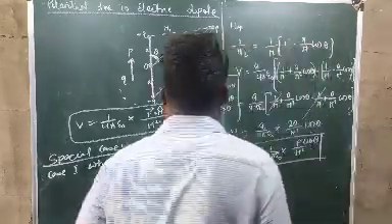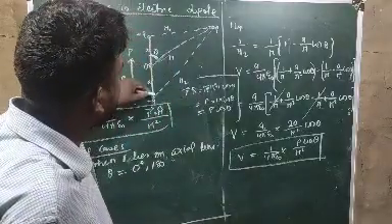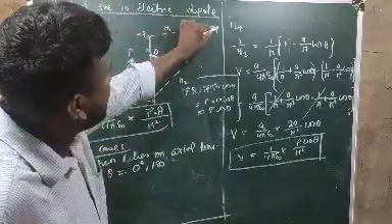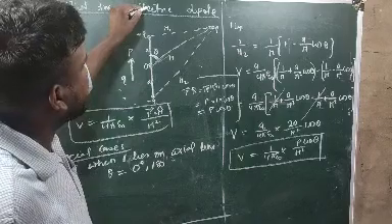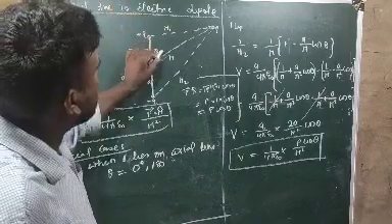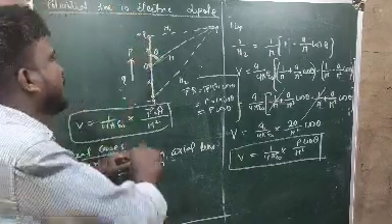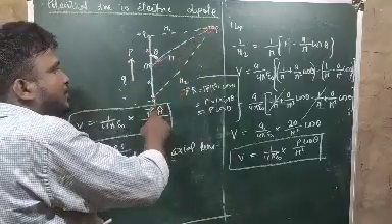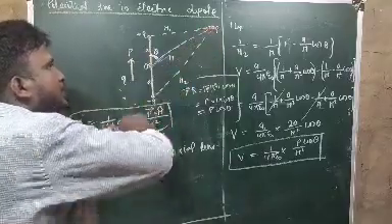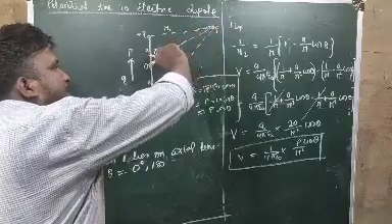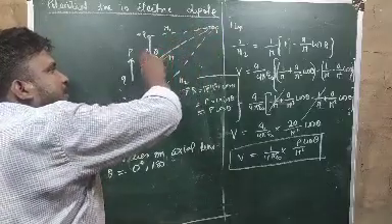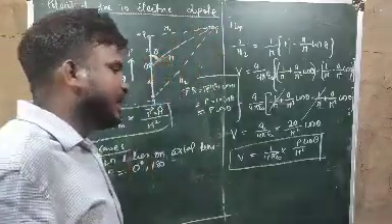Why? Because you see, this is the dipole, and the axial line will be along this only. So if this point P is lying at this point here, then the r vector will rotate like this and the angle will become 0 degree. But if this point lies in the downward direction of the dipole, then this r vector will be stretched like this, and this angle will become 180 degree.